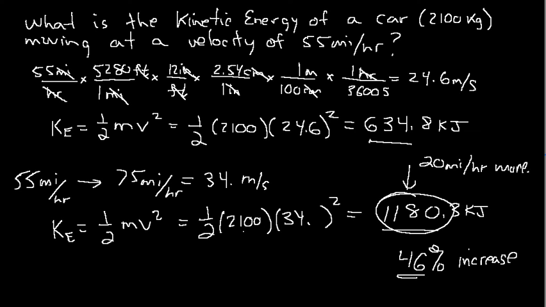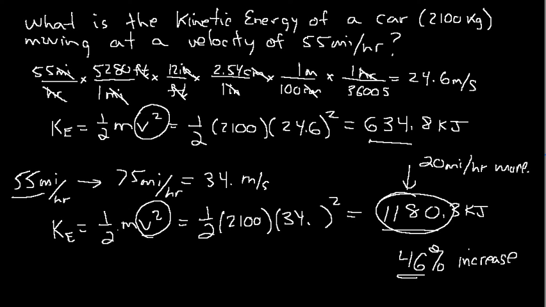And if you remember kinetic energy as the ability to do work, how it's related to work, you just increased your chances that if you got into an accident, the amount of force applied to a distance that would be acted upon that car would be almost twice the amount going at 55 miles per hour. And that is because the speed is squared.